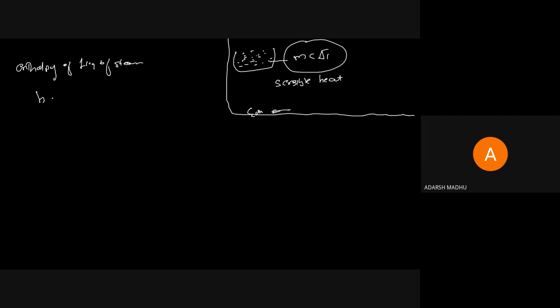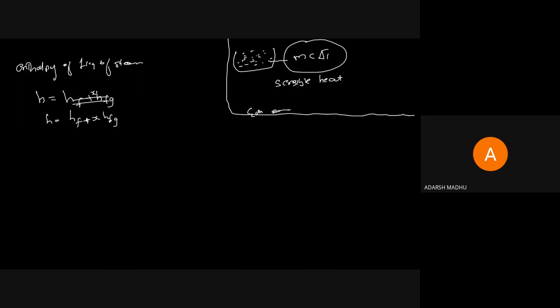Enthalpy of steam, H equal to, what was the equation for H? H equals hf plus x into hfg, if the dryness fraction is there. That is the equation for H, enthalpy.